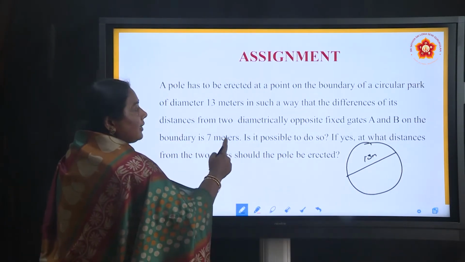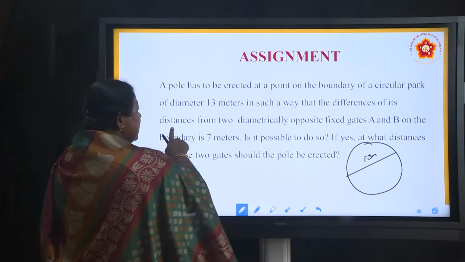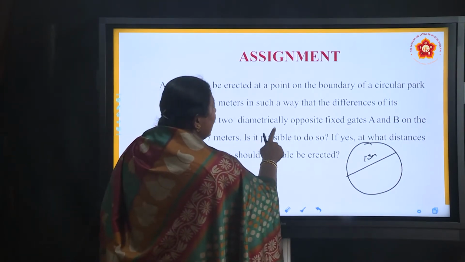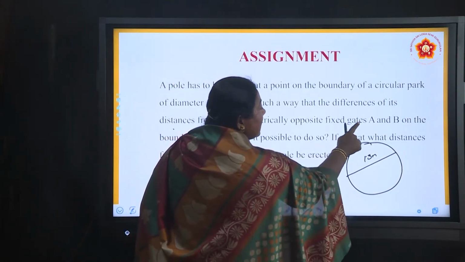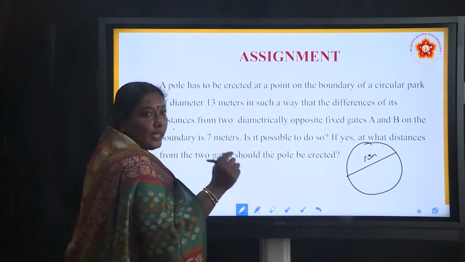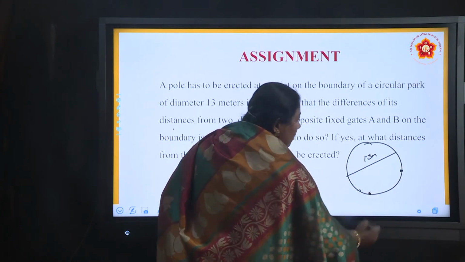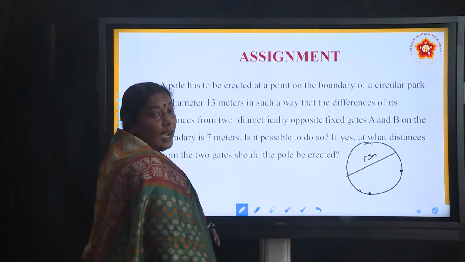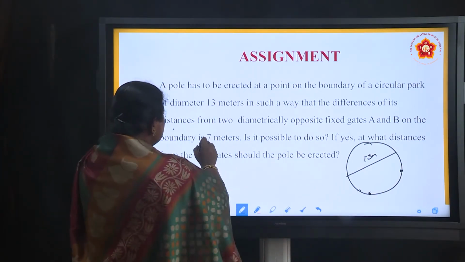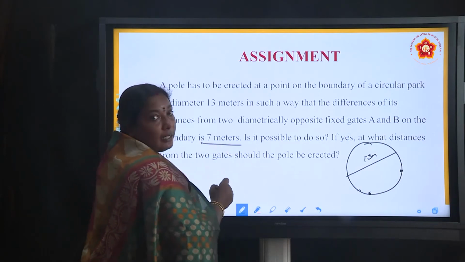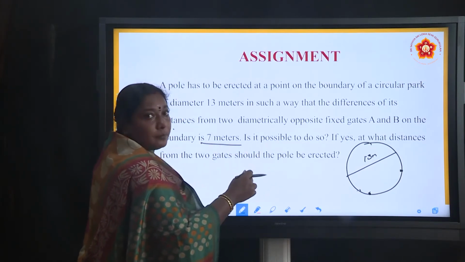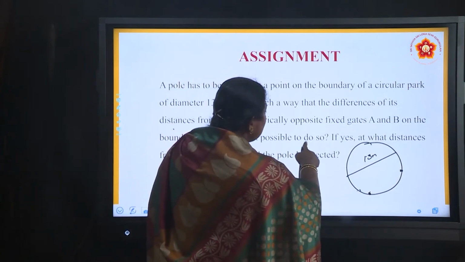Next, in such a way that the difference of its distance from two diametrically opposite fixed gates is 7 meters. That means two gates are there. Okay, that is what they have given. Is it possible to do so?